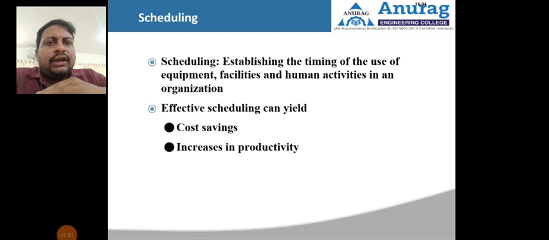In routing, we have given the path, the sequence of the path. In the last video I gave examples. For example, gear manufacturing. If you are making a gear, first it will go to casting. After casting, it will go to the milling machine.